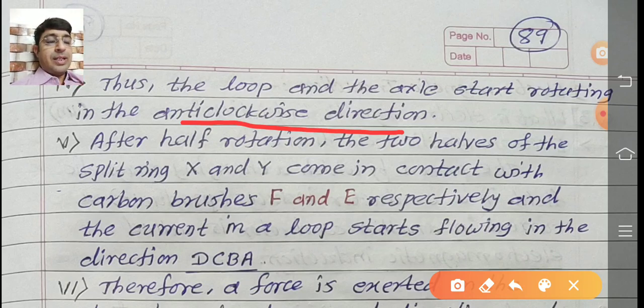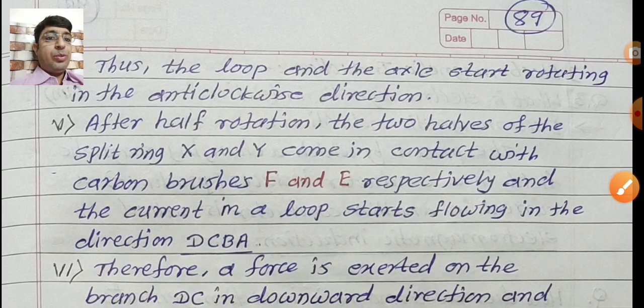So right to left, rotating in anti-clockwise direction. Think about it. After half rotation, the two halves of the split rings X and Y come in contact with the carbon brushes F and E, not E and F as mentioned here. That's why I am writing with a red pen.